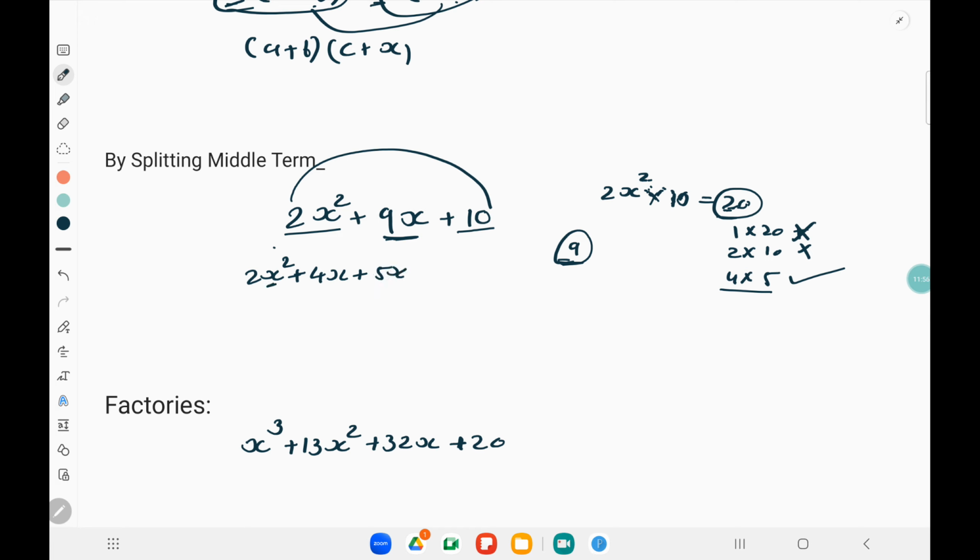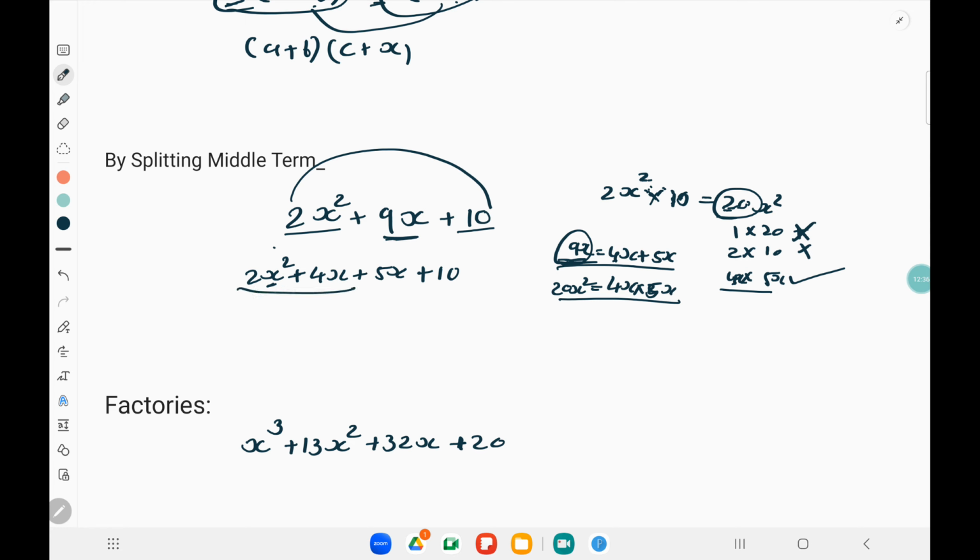This here was an x square, so 1x I am giving here. 4x plus 5x gives us 9x, and 4x times 5x gives us 20x square, right? So this is the way we can find the middle terms, in which two terms we split it, plus 10.